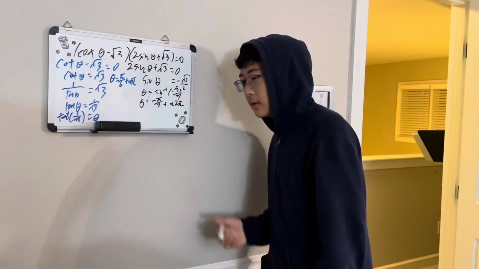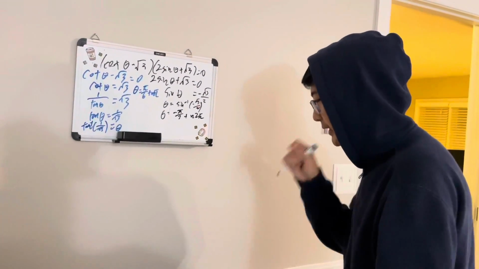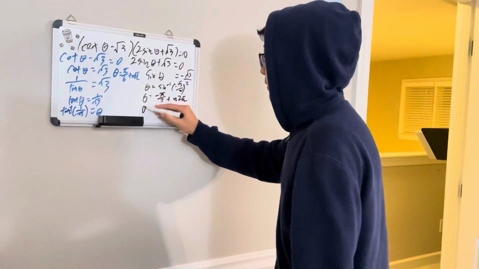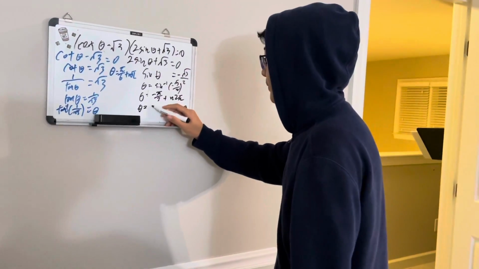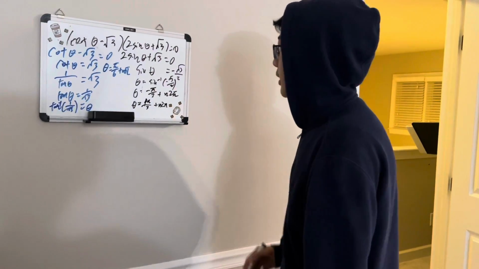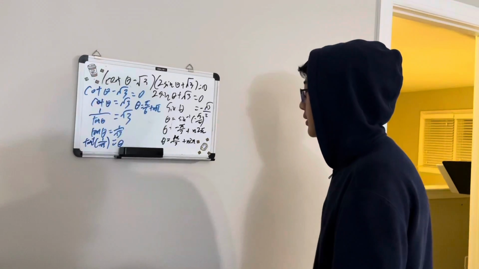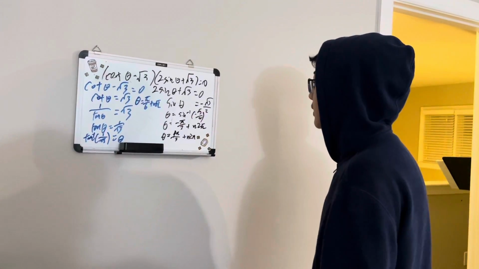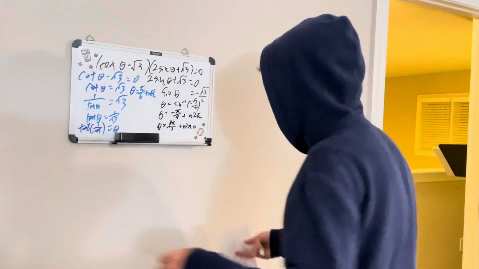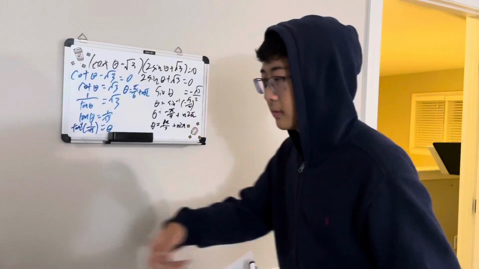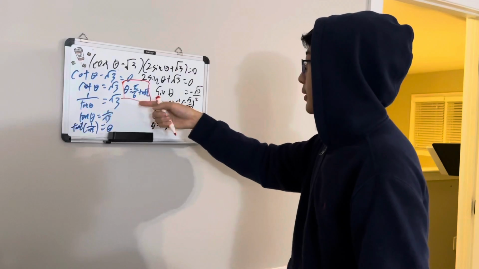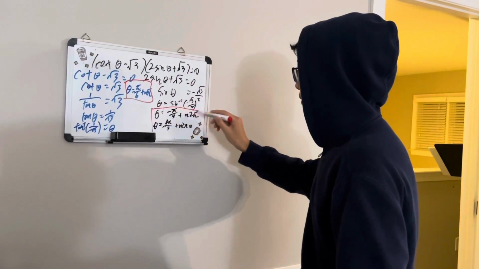And the other solution we need is pi minus whatever sine inverse is. So that's 4 pi over 3 plus n 2 pi. And that's it for the first problem. So all solutions should be those.